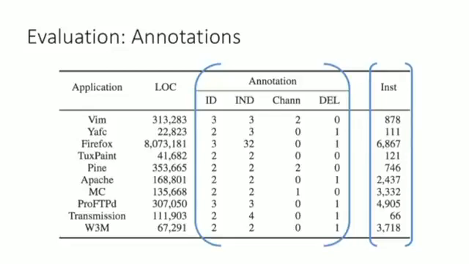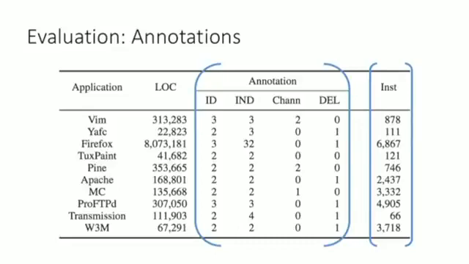So our LLVM pass will automatically perform the analysis and perform the instrumentation. This table is just to show the annotation efforts are pretty small. But the instrumentation, as you can see, is usually a few hundred to a few thousand.